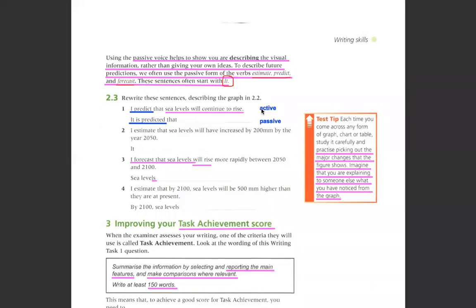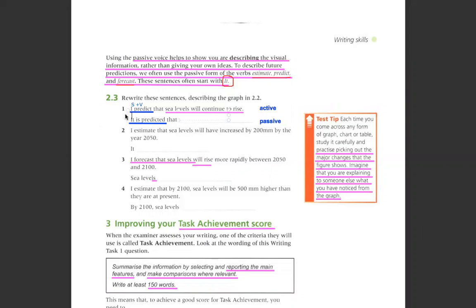So this is active and passive. If you don't know what this means, we'll quickly have a look. When we have an active sentence, it means the subject, me, is doing something, the verb. So that means I am predicting. When we have the passive tense, the subject is not doing anything anymore.